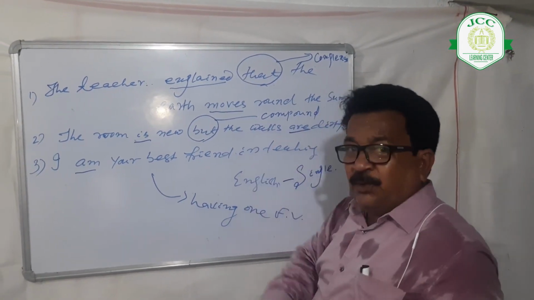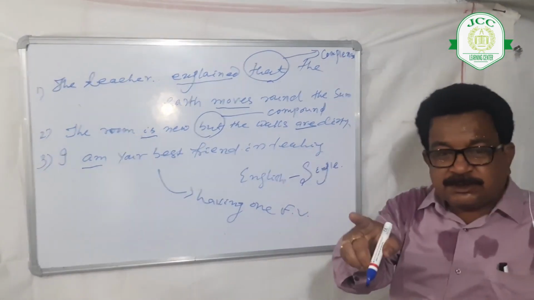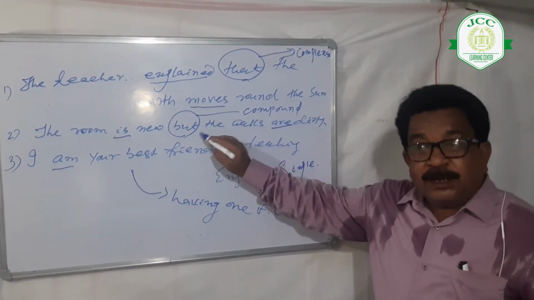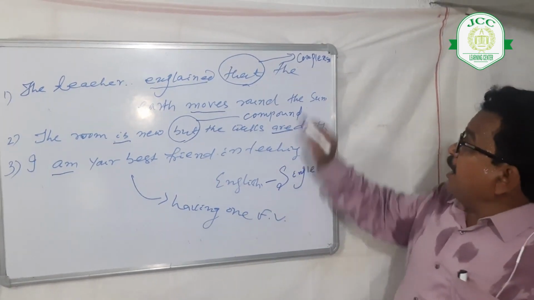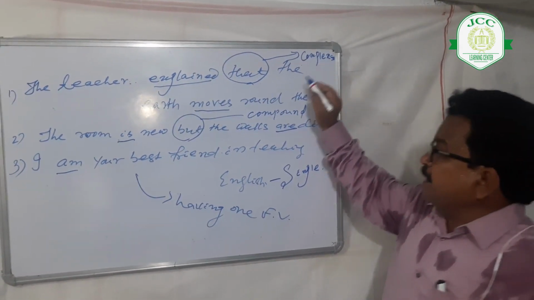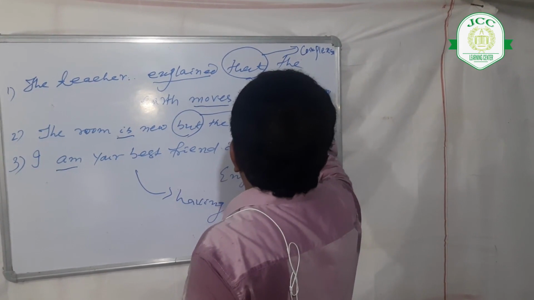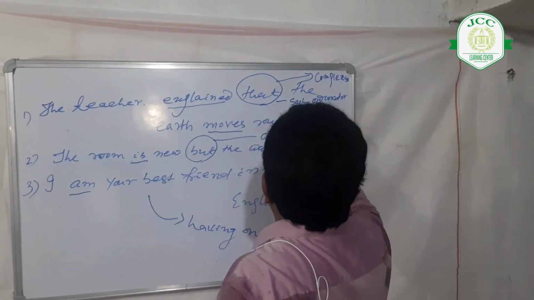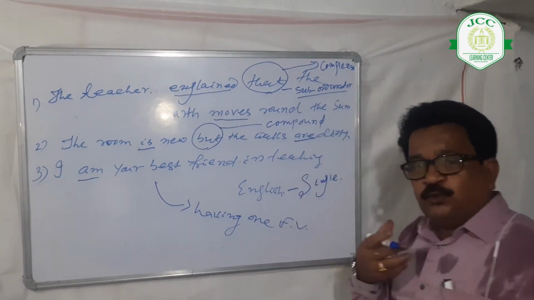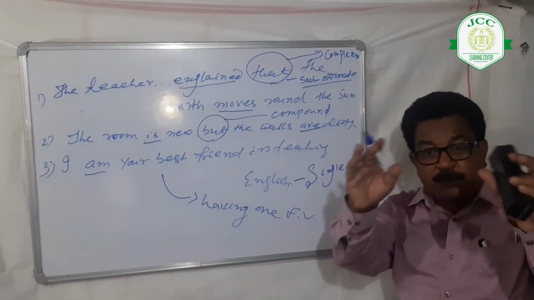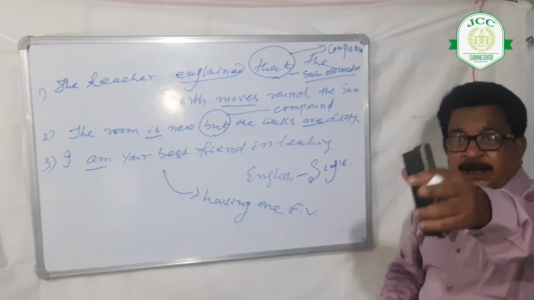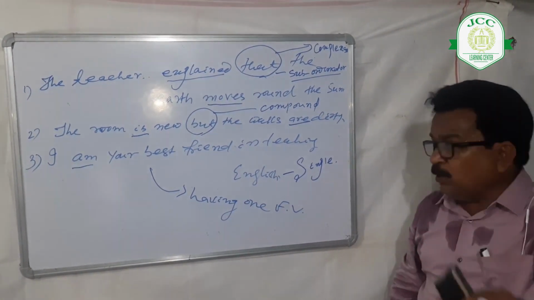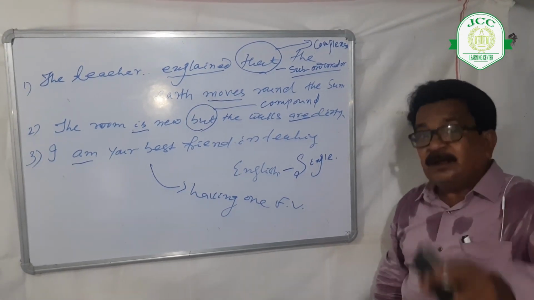Another thing I have told you, the connectors, the conjunctions of the compound sentence, are called coordinators. Similarly, the conjunctions of the complex sentence are called subordinators. As to my experience, if I ask how many coordinators are important for you, please say 16.